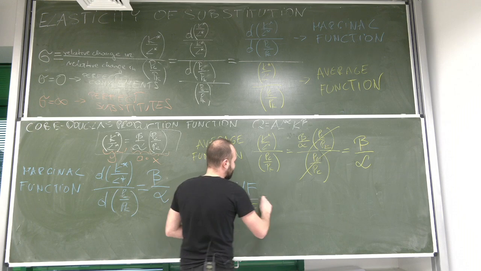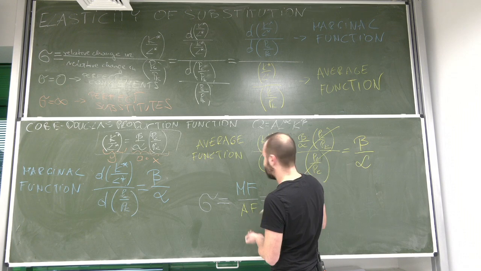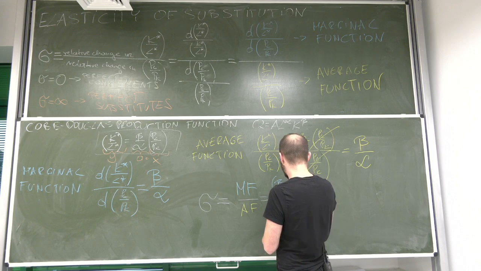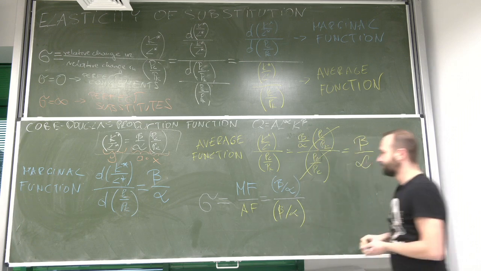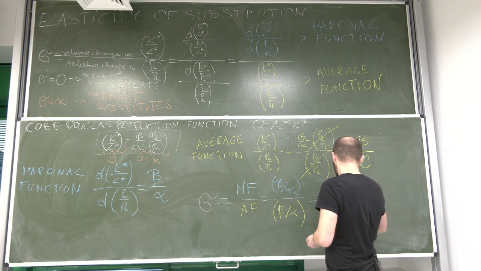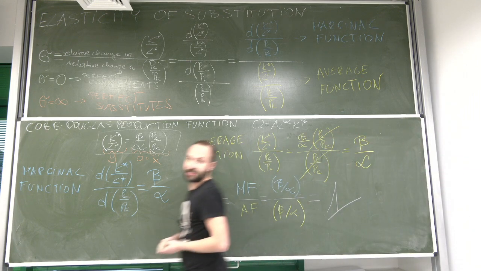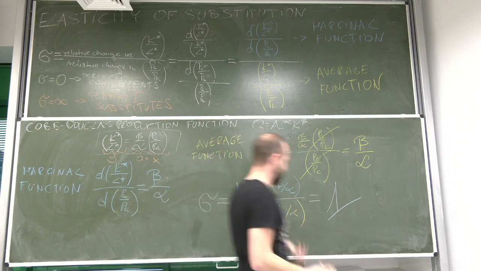However, look, in this specific context, we get that the marginal function is beta over alpha, while the average function is beta over alpha. And as a result, we see that the elasticity of substitution is simply 1. And look, this result is very, very tidy and nice.